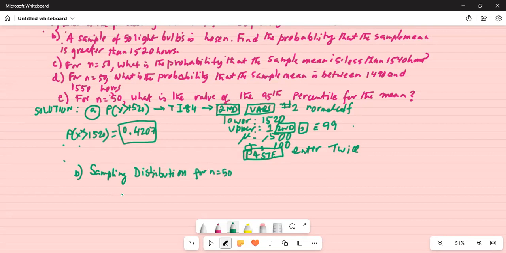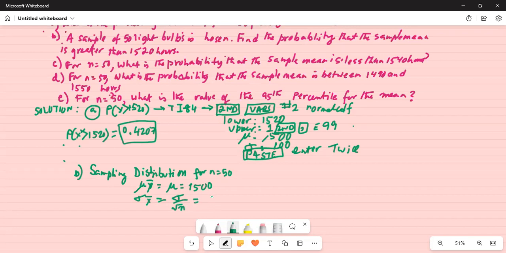So from the central limit theorem, mu of x bar equals mu, which equals 1500. But sigma x bar, that is the standard error or standard deviation of the sampling distribution, is sigma divided by the square root of n.